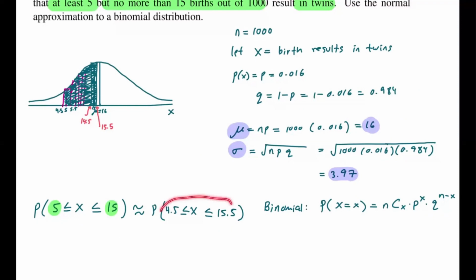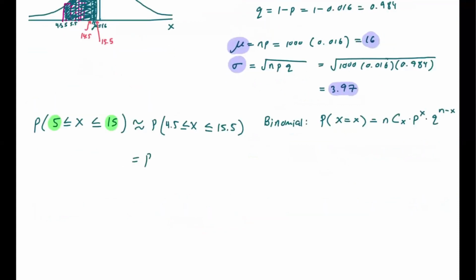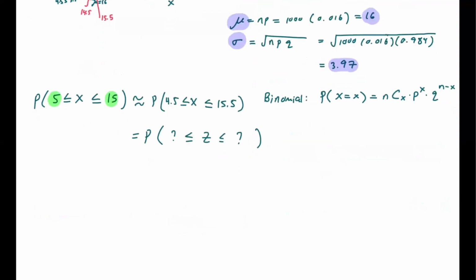All right, so now that we have that down, let's go ahead and find the corresponding z values for these x values. So our next step is to write down, this is the probability that z is between two numbers. So we need to find those two values. So for the first z value, let's say for x equals 4.5, what is the z for that? We use the formula z is equal to x minus the mean over sigma, the standard deviation. For this problem, we know our mean is 16, and sigma is 3.97.